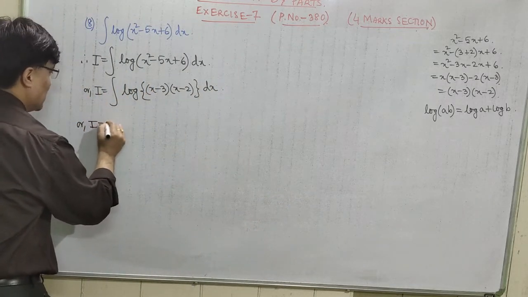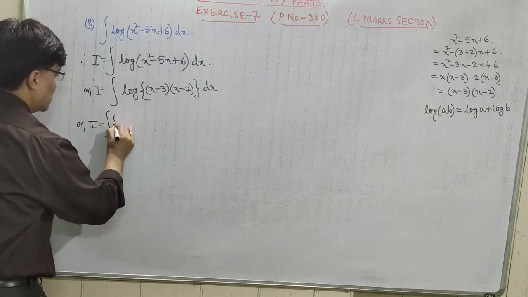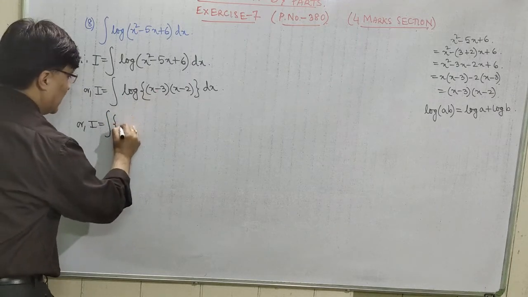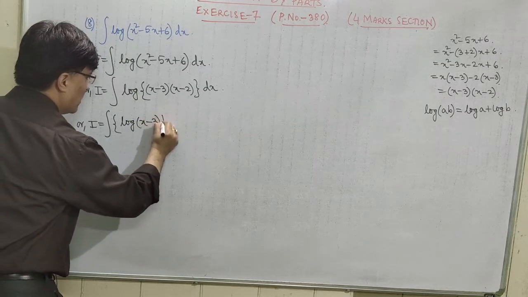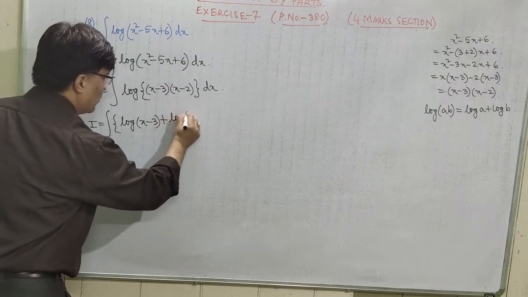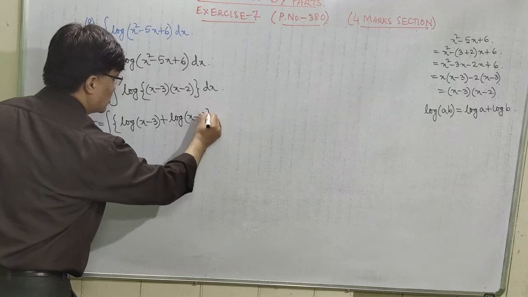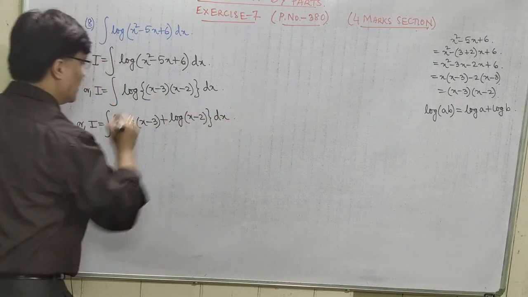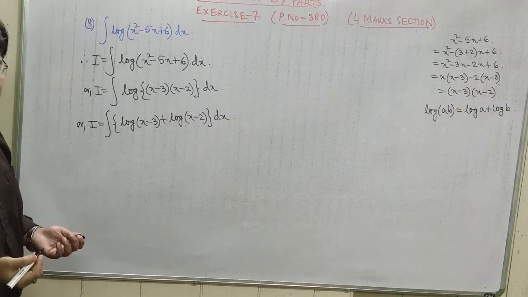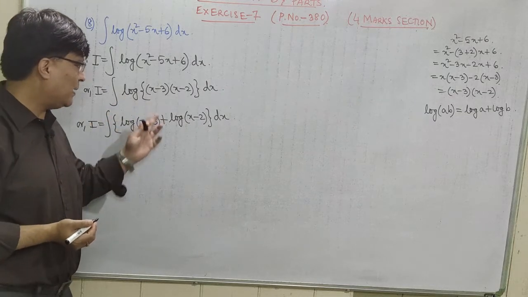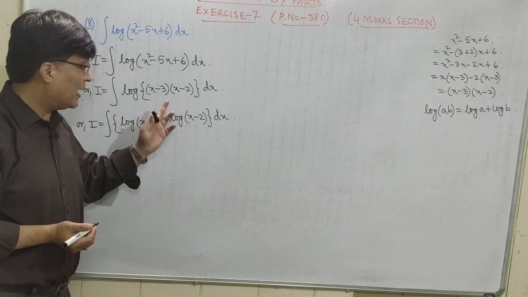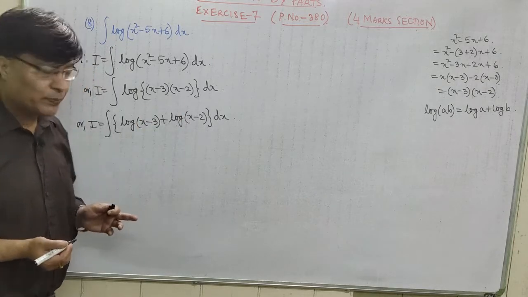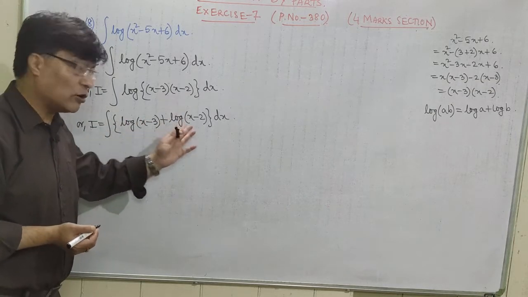I is equal to integration of log A, here A is log of x minus 3, plus log of B. What is B? x minus 2. Second bracket closed, then dx. So this is log A plus log B. Here A is taken as x minus 3 and B is taken as x minus 2.